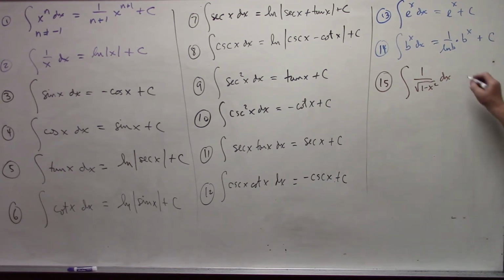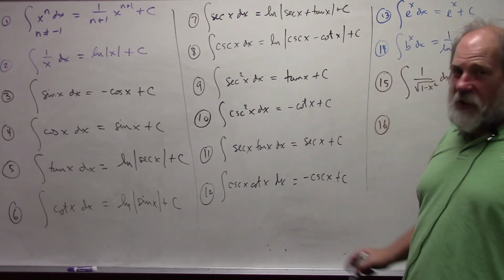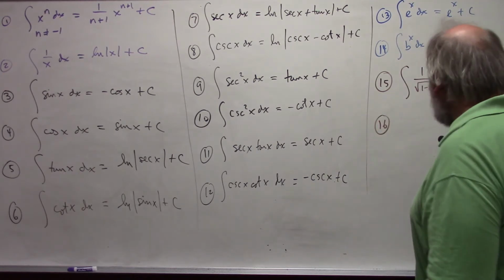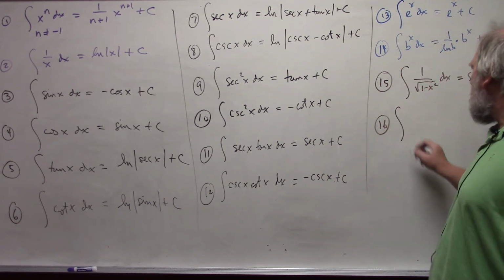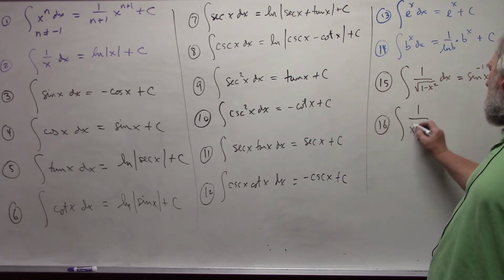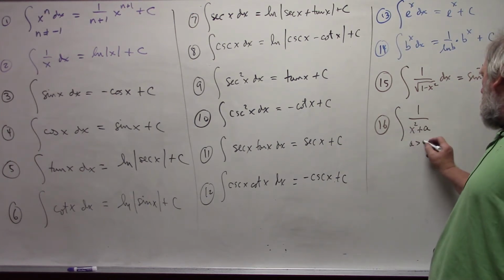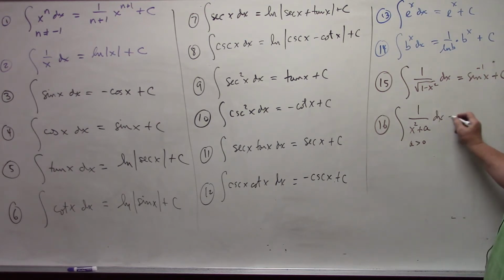If you remember, that was arc sine of x plus c, and the more general arctan that I just talked about, 1 over x squared plus a, where a is greater than 0. And this is 1 over the square root of a, arctan of x over the square root of a plus c.